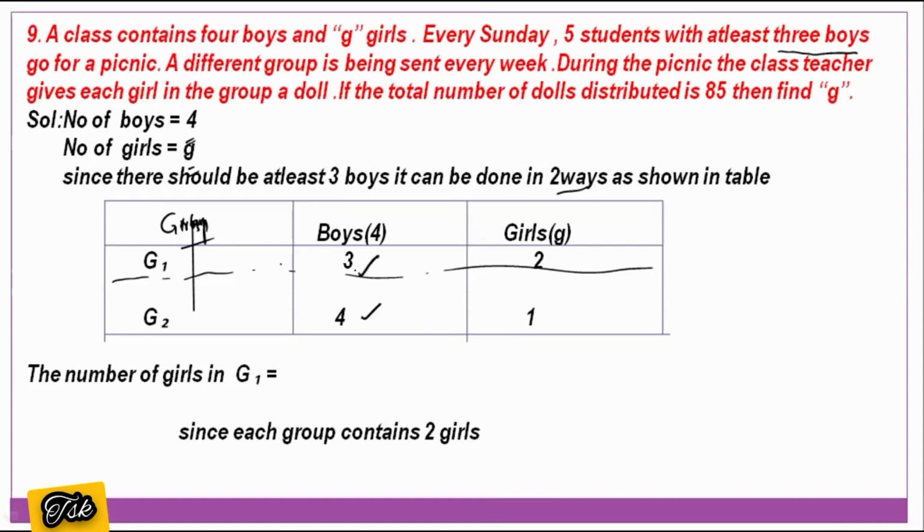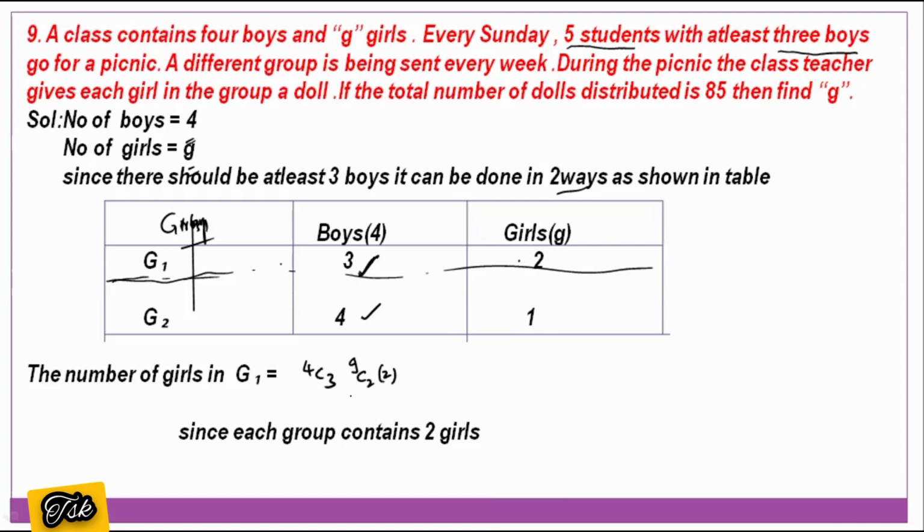First, 3 boys, then 2 girls can be taken since 5 students must be taken to the picnic. First group, 3 boys and 2 girls. In how many different ways can you give a doll to a girl? I can select 3 boys in 4C3 ways and 2 girls in GC2 ways. Since whenever she selects 2 girls, 2 dolls will be given.